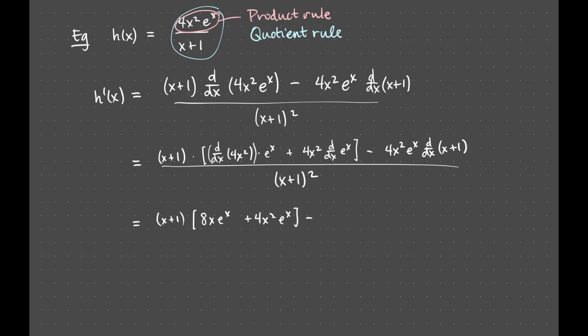The other derivative in the numerator is much easier. It's just the derivative of x plus 1, which is 1. Making these substitutions then, we find the total derivative. Of course, as usual, it's always possible to expand the numerator in the fraction to make it look a little bit nicer, but it's not entirely necessary to do so.